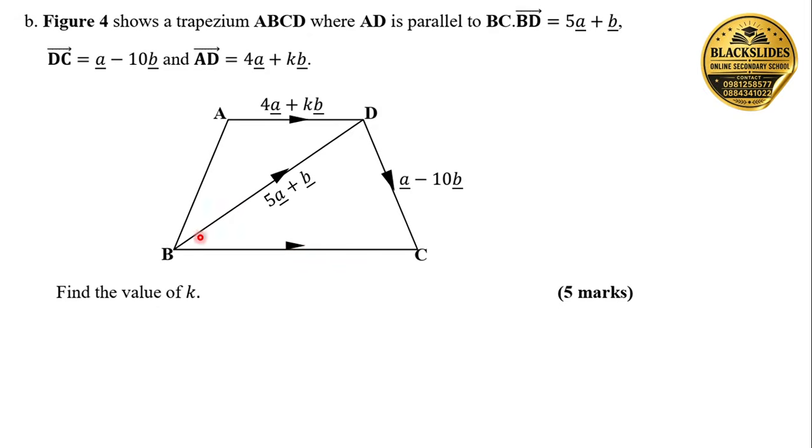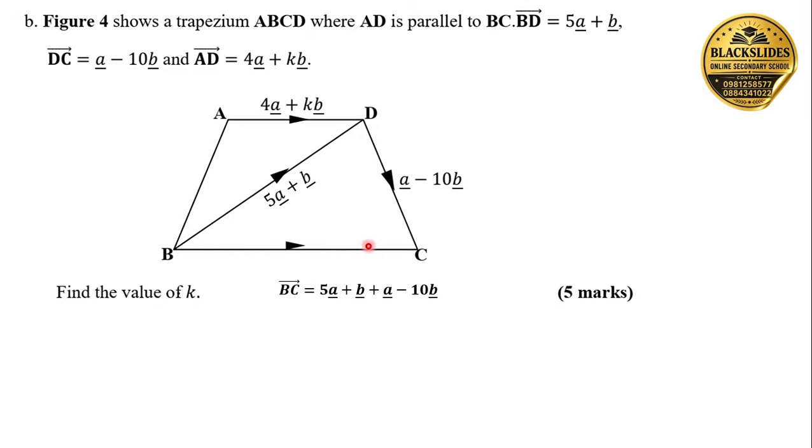So in this case, BC is the resultant of BD plus DC. Adding these two will give us BC. So vector BC is going to be equal to BD, which is 5a plus b, plus DC, which is a minus 10b. We have used a rule which is commonly known as the triangle rule of vector addition.